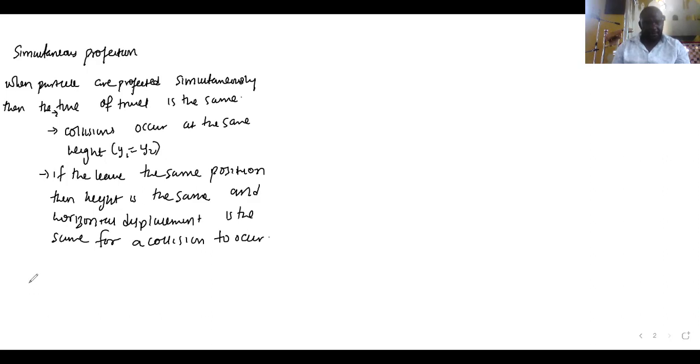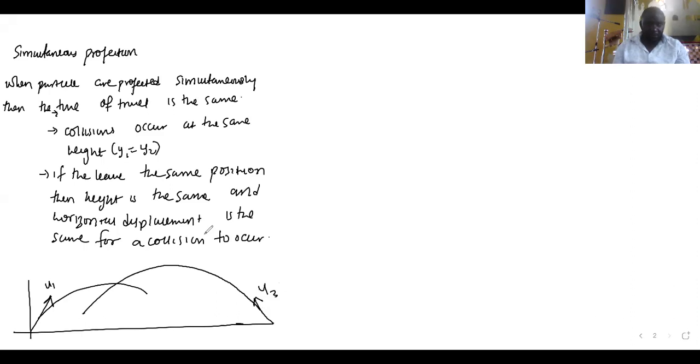What does that mean? This is what it means. For example, when you project a particle from here with initial speed u1, and this particle goes and collides with another particle which has been projected with a speed u2. When these two particles collide, at this height, this one has a height maybe y1, this one has a height maybe y2, but both of those heights are equal.